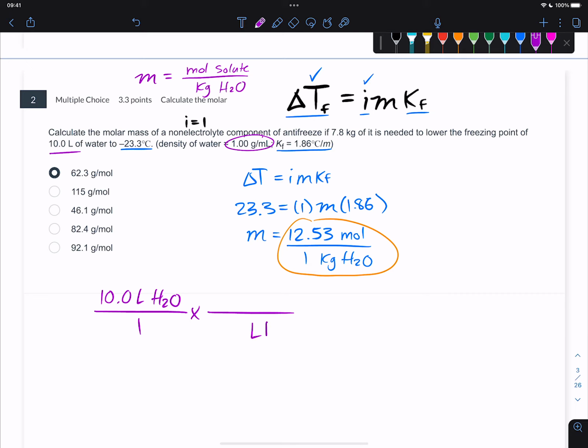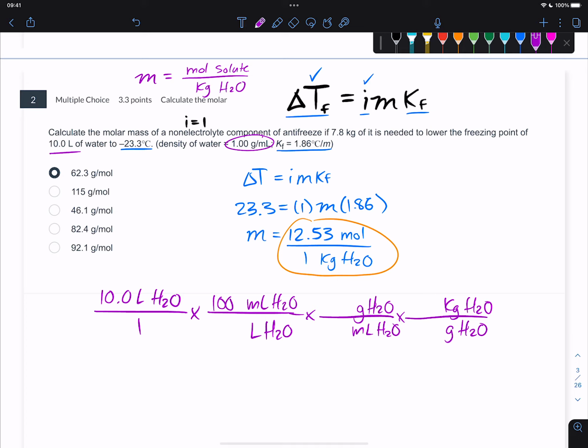So first I'm going to go from liters of H2O to milliliters of H2O, and then from milliliters of H2O to grams of H2O, and then from grams of H2O to kilograms of H2O. And you'll see why the thousands cancel out.